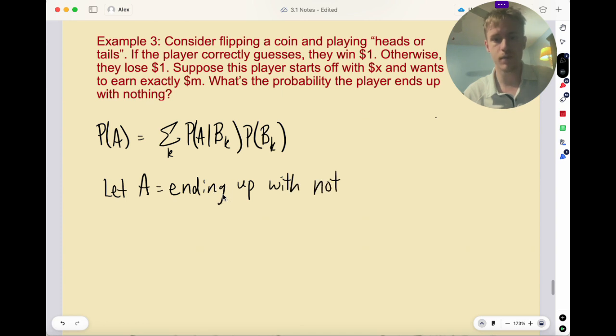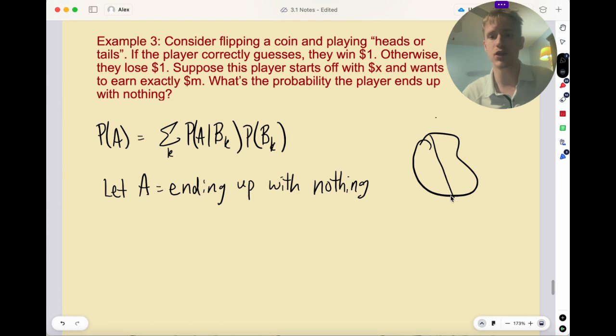Now, in order to make this successful, we need a bunch of mutually exclusive events that we can form and generate conditional probabilities with. It's not very clear exactly what mutually exclusive events will partition the universal set, but I argue that maybe we can partition this into sets B1 and B2, where B1 is the event that you win the first game, and B2 is the event where you lose the first game.